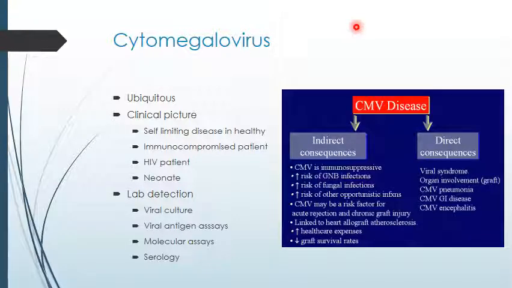But unfortunately, where EBV sometimes produces a latent infection, CMV does produce a latent infection, and that latent infection will be set up within the monocytes, as well as dendritic cells and any of the myeloid progenitor cells.